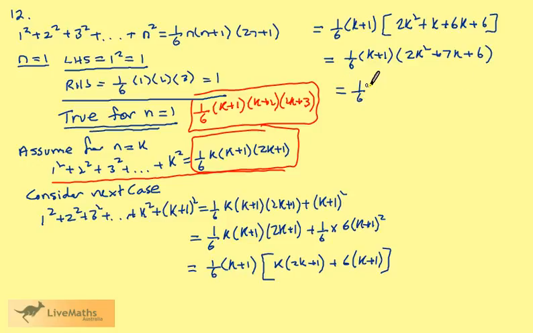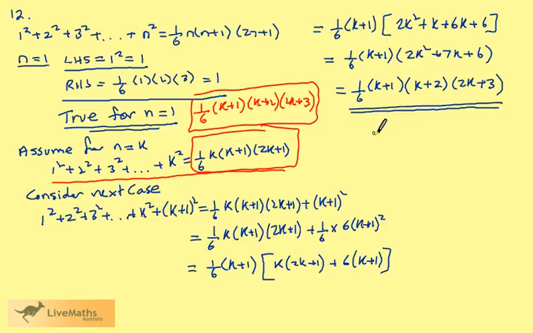This factorizes into k plus 2, 2k plus 3, as required. All you need then is a closing statement.